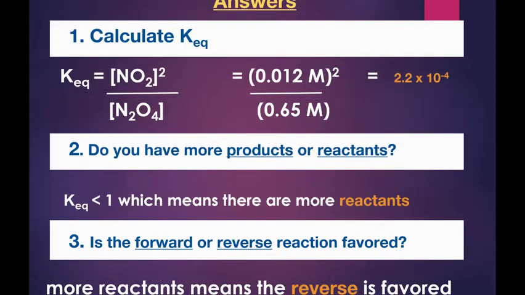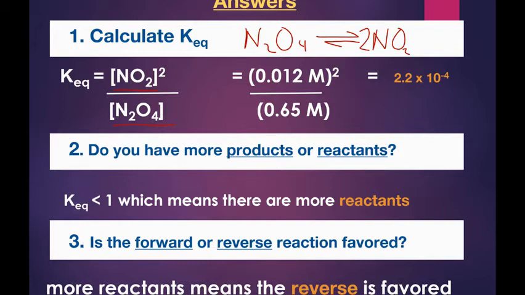So let's take a look at this calculation. First, we have from our balanced equation. Remember, our equation was N2O4 and our product was NO2, and there were 2 of them. Okay, so we end up having the products squared divided by the concentration of the reactant.